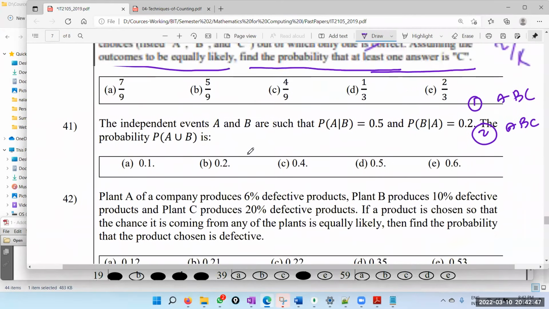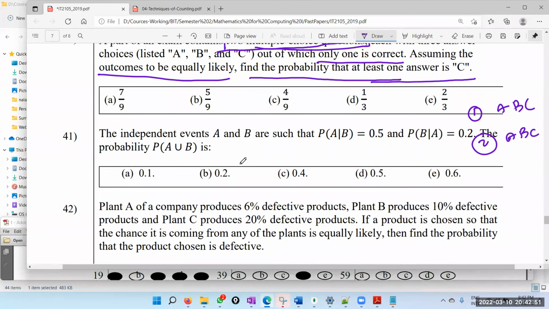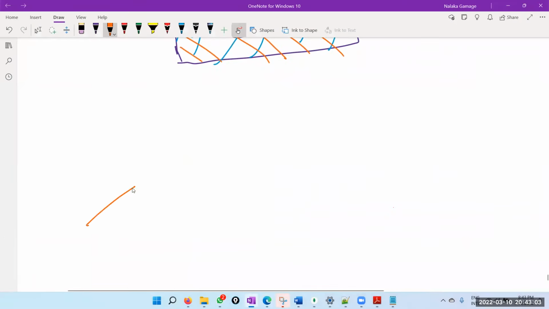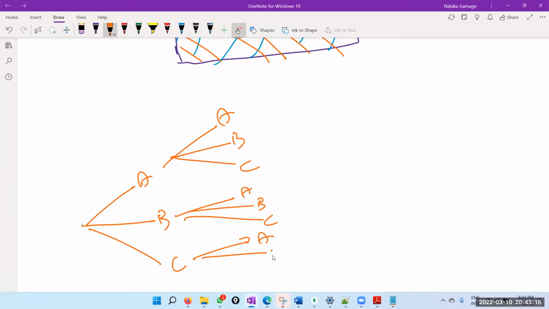You can draw a tree diagram, right? Because the first one, let's draw it here. Then we don't have any confusion, right? First one, answer can be A, answer can be B, answer can be C. Second one, answer can be A, answer can be B, answer can be C. A, B, C. A, B, C. And they are equally likely.